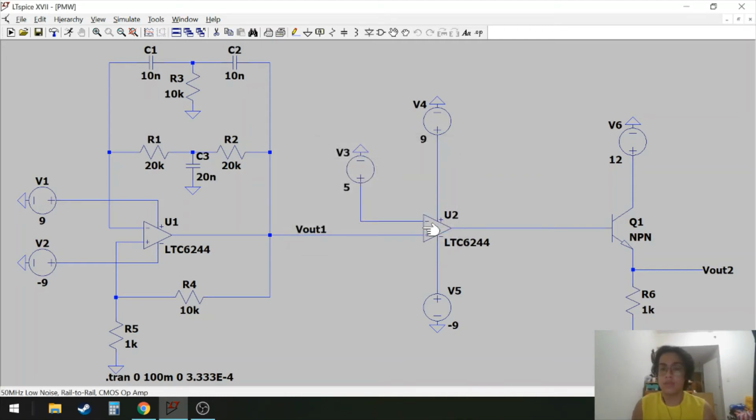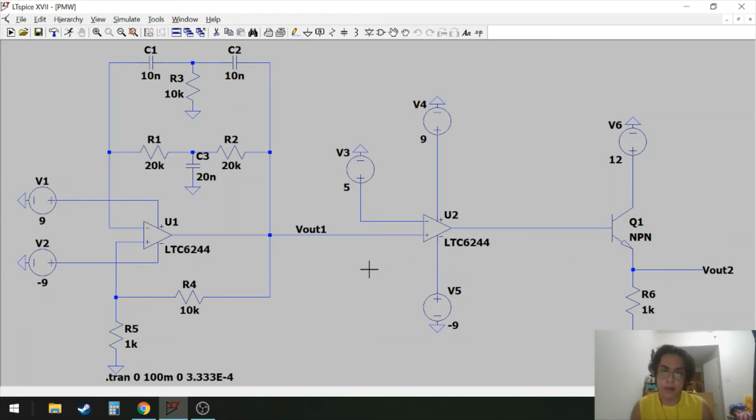This is used for the oscillator and the PMW part. And we used a series of voltages, an NPN, a resistor, and the voltage output.